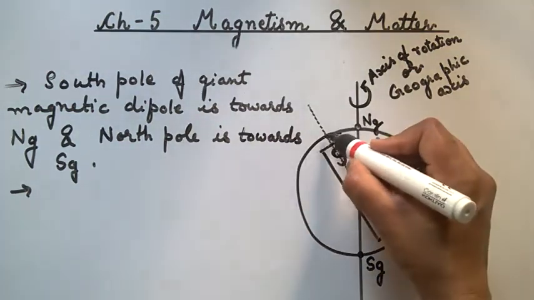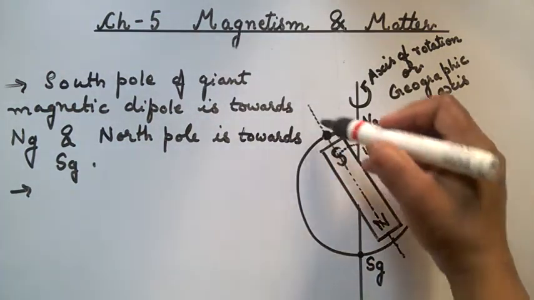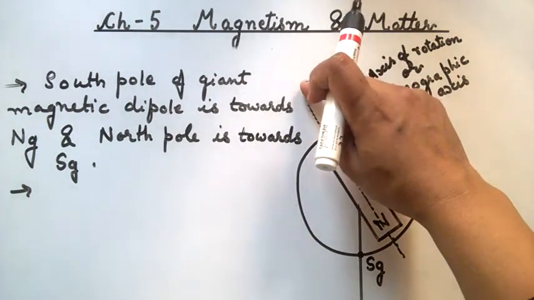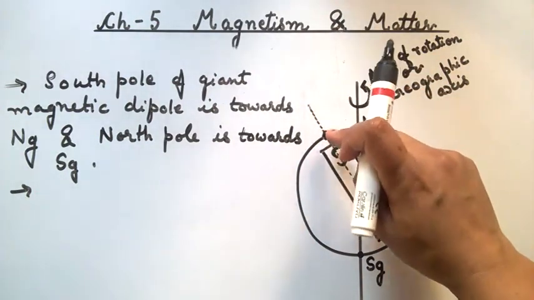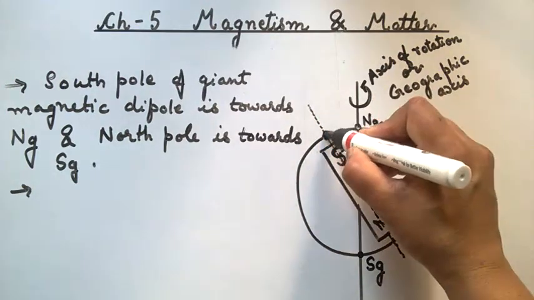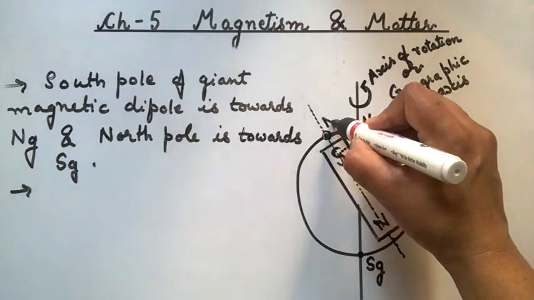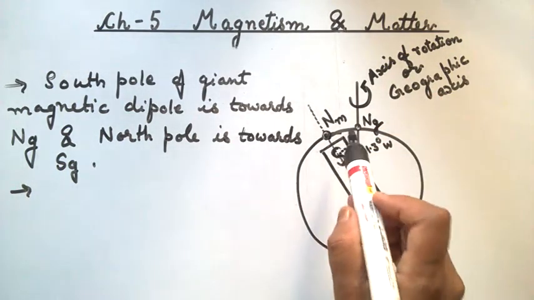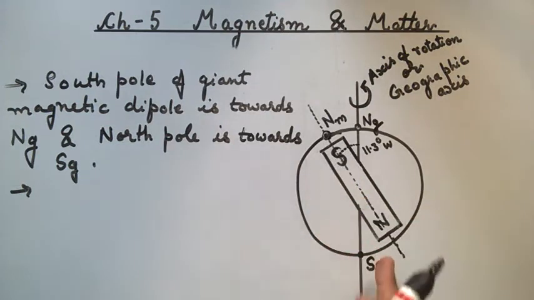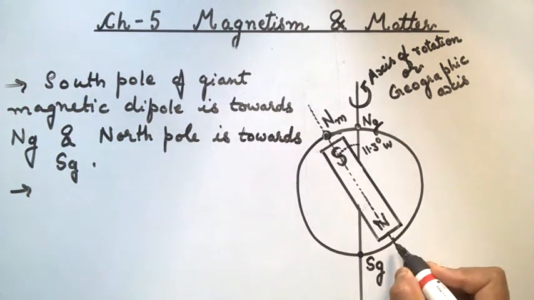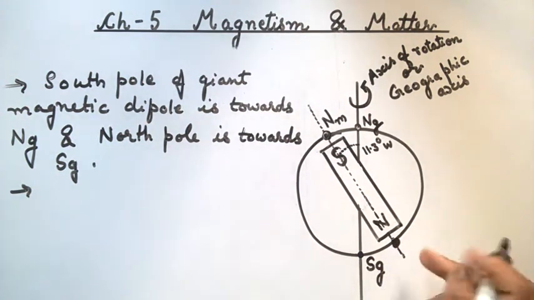And on this surface, which is on the surface of the earth, where the magnetic dipole is intersecting or passing into this magnet, this point is known as magnetic north pole of a magnet or geomagnetic north pole. And the magnetic pole near geographic south is called south magnetic pole, and it is on the surface of the earth.